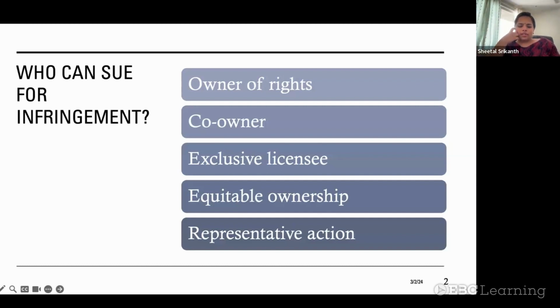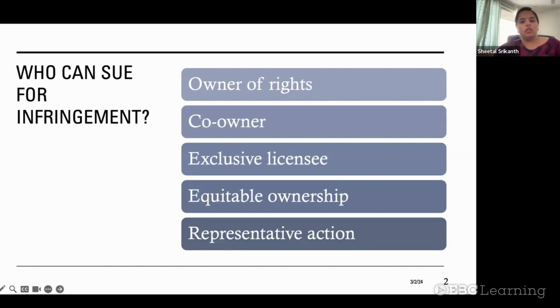What happens when there are two co-owners is, for example, the Patents Act doesn't allow one co-owner to sue in respect of infringement or even his undivided interest in the intellectual property without the consent of the other owner. So one joint author of copyright cannot deal in the copyright without the consent and approval of the other joint author or owner of copyright.